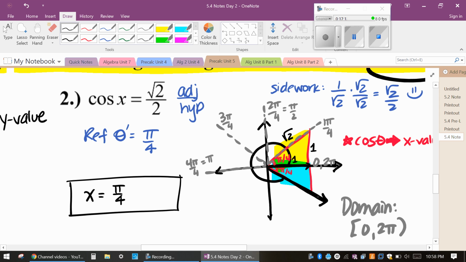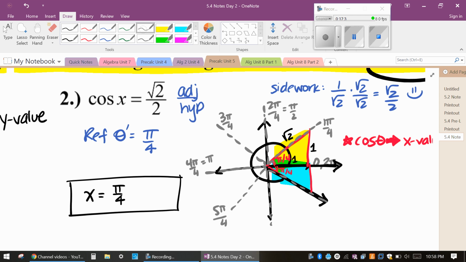So what angle is that? Well, if you keep cutting each half of the circle into 4 parts and keep counting from here, this was 4 pi over 4, 5 pi over 4, 6 pi over 4, which reduces to 3 pi over 2. That's your 270 degrees, and then this would be 7 pi over 4.